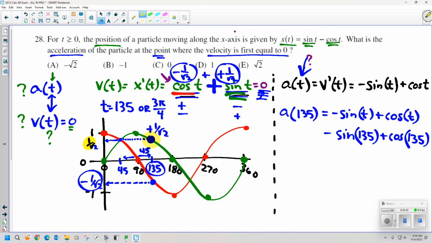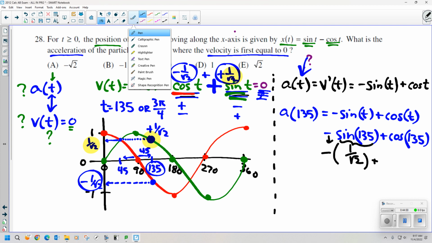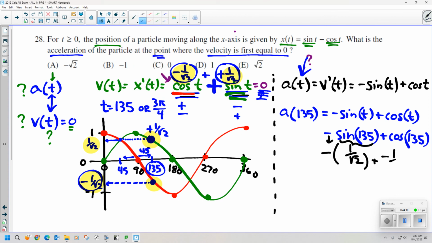It's positive 1 over radical 2, but don't forget, I still have to negate it. Plus the cosine of 135 is right here, which is negative 1 over radical 2. So we're just going to combine these. This becomes negative 1 over radical 2 plus negative 1 over radical 2, which is negative 2 over radical 2.